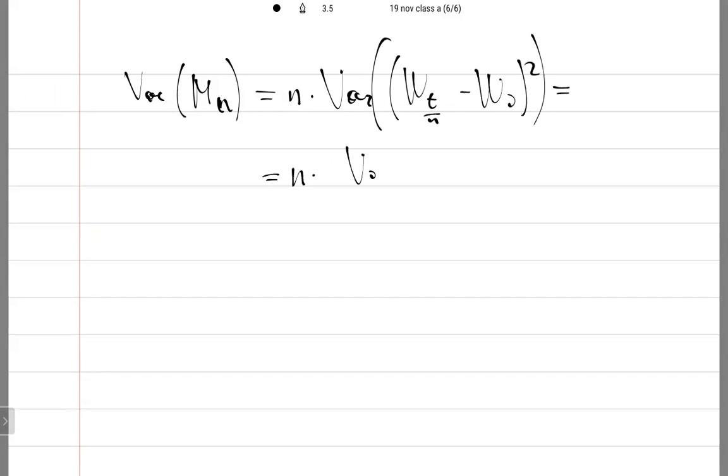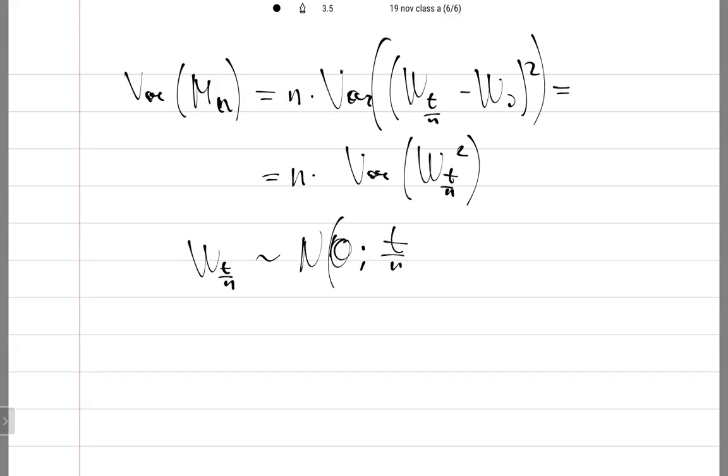It's n times the variance of (W t over n) squared. I recall that W t over n has normal distribution with mean 0 and variance t over n. So I may represent it as square root of t over n times Z, where Z is normal 0, 1.